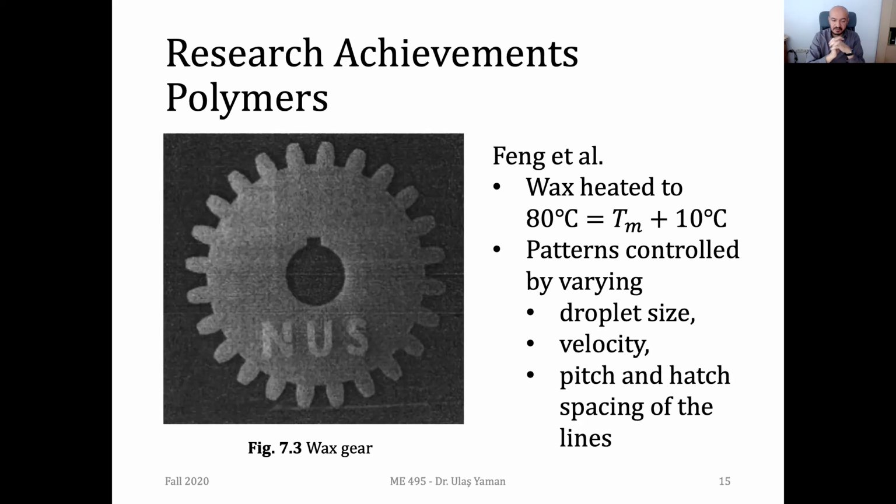If you remember hatch spacing in stereolithography or in SLS systems, we have such spacing, and this is also valid for material jetting. For instance, it may be going like this. This is called hatch spacing. So depending on the amount of material you are jetting, you need to adjust this hatch spacing properly.